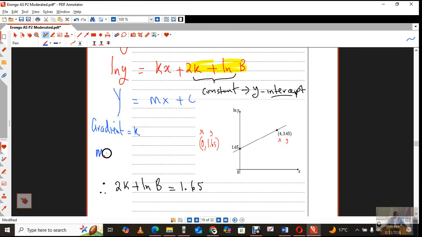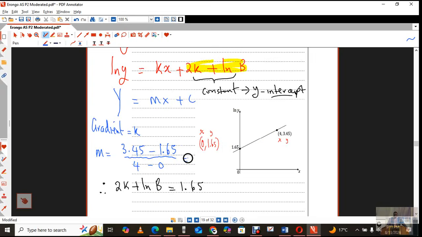So I can find the gradient. How do we calculate gradient? Gradient is calculated by taking two y values, 3.45 minus 1.65. That's why I write x and y there, so you do the correct subtraction. Starting with that point, it's 4 minus 0.